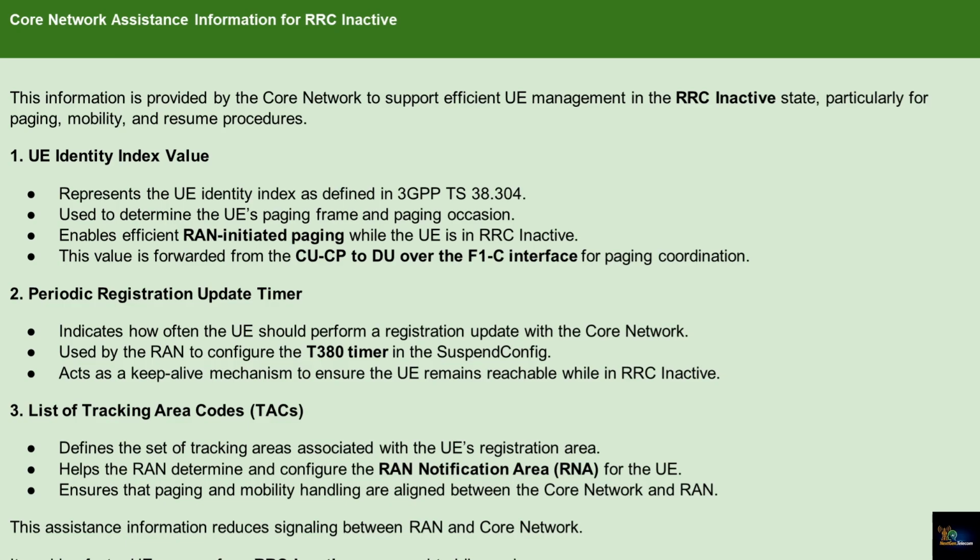First point is the UE identity index value, which represents the UE identity index as defined in 3GPP TS 38.304, used to determine the UE's paging frame and paging occasions.